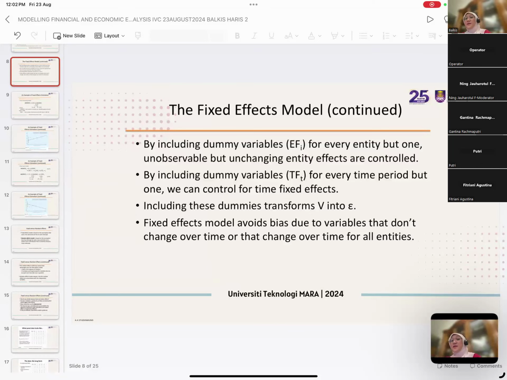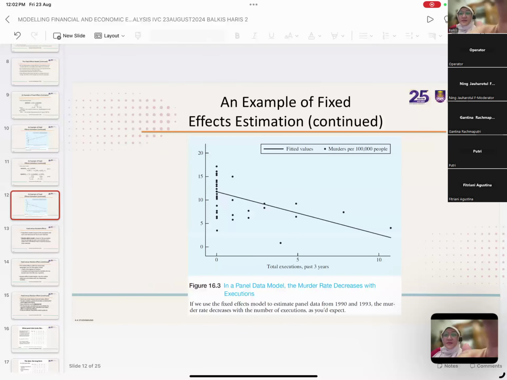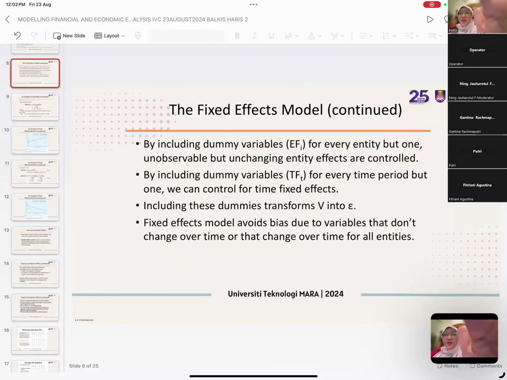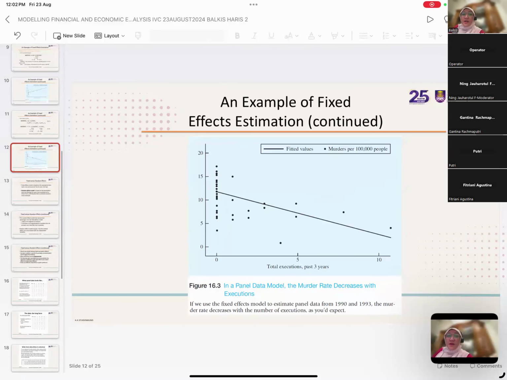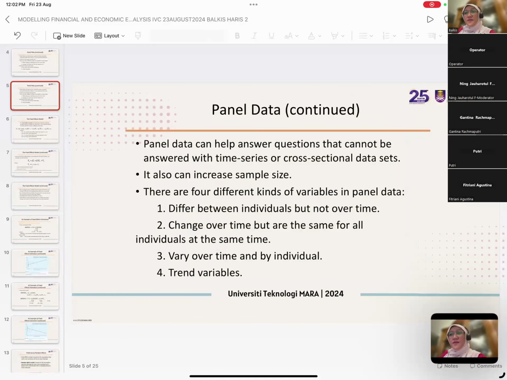The difference in the beta zero between fixed effect and random effects is somewhere here. Because in fixed effect, the beta zero is fixed, and in random it is not. Oh, okay. So that is the main difference.